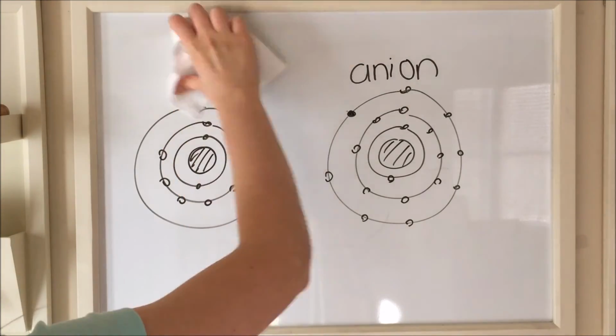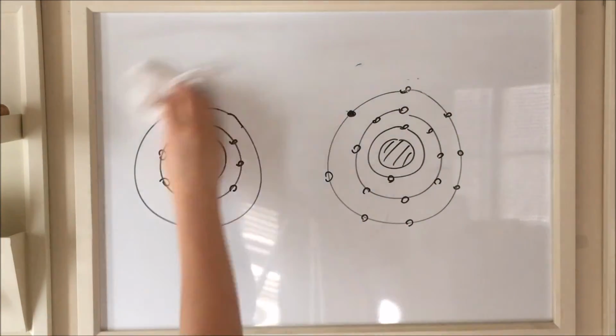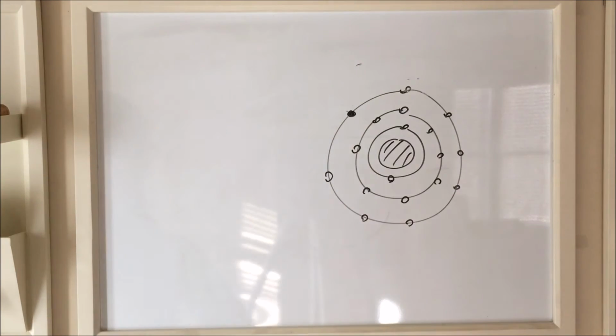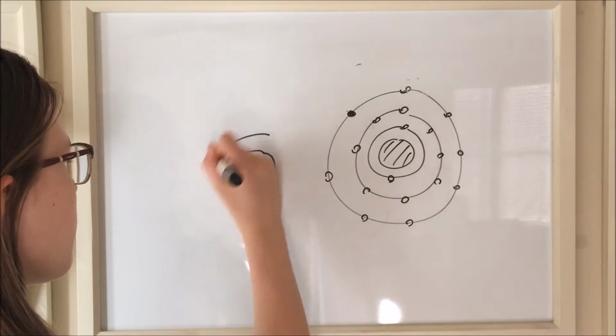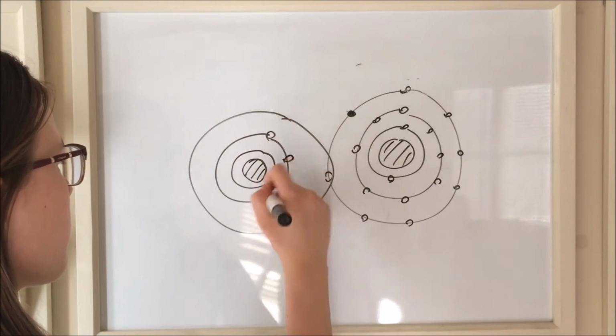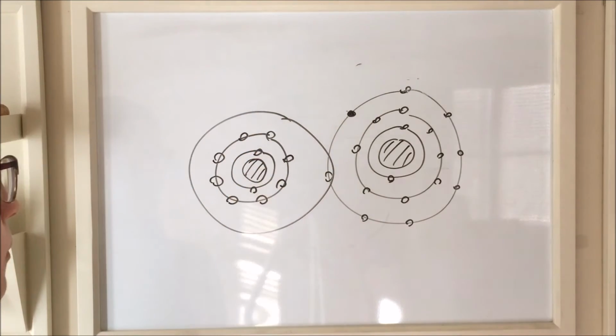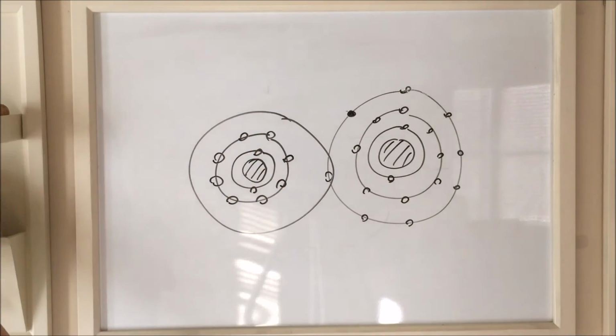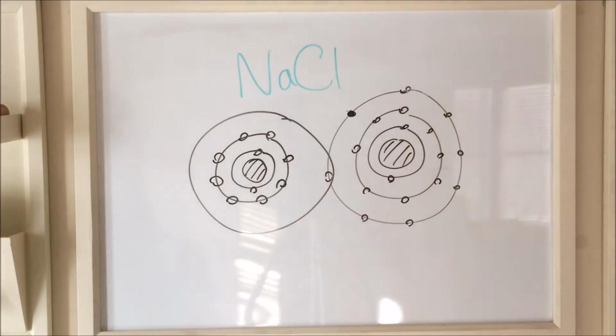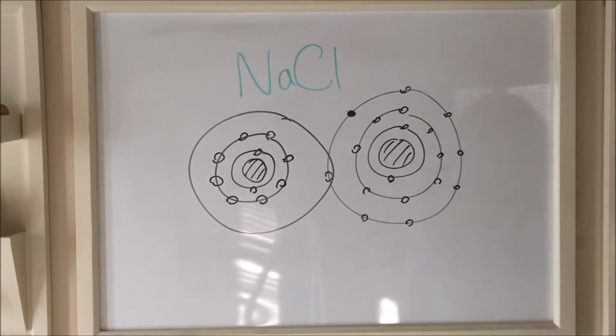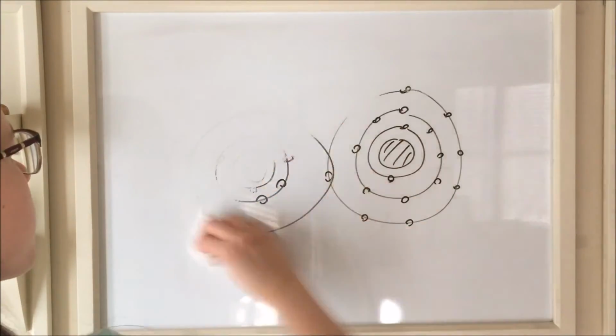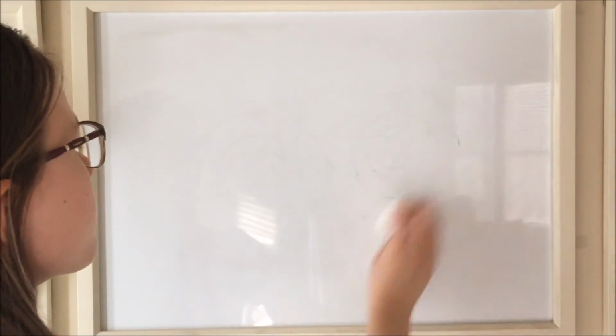And because opposites attract, there is a positive and a negative, so those two become an ionic bond, and it's called NaCl, or sodium chloride, which is table salt.